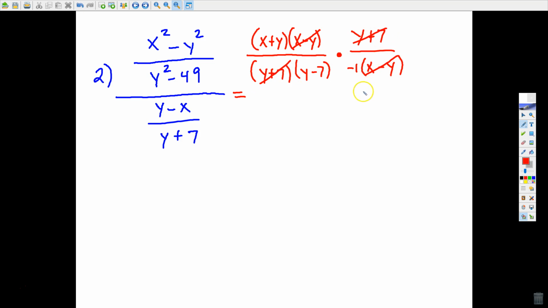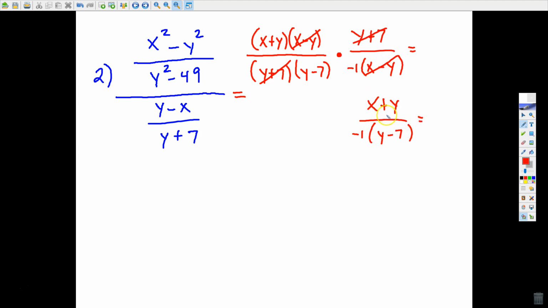Y plus 7 also. And so this answer could take on a couple of different forms. We have x plus y in the numerator. And then, of course, in the denominator, we start off with negative 1 times y minus 7.